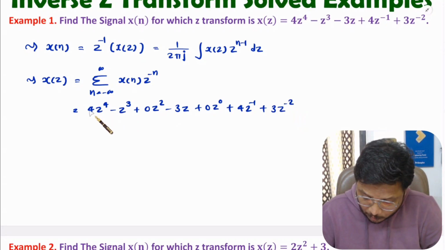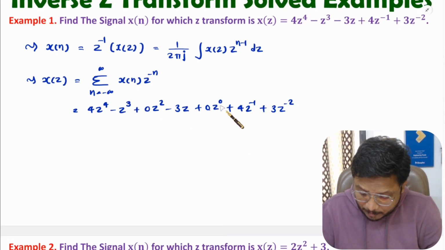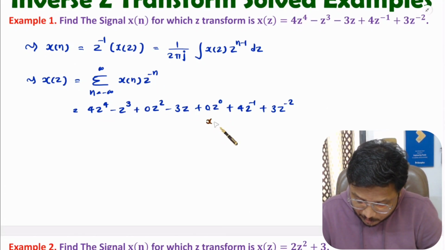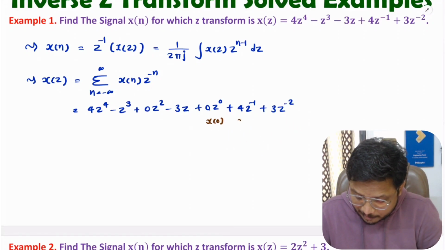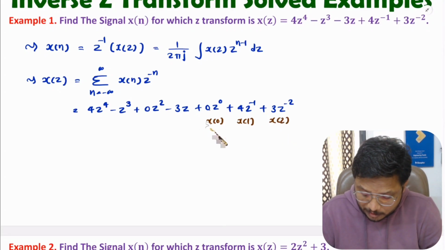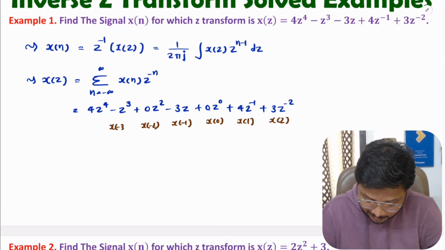Now, if you carefully observe this polynomial as per this algebraic sum, then at z to the power 0, the coefficient is x of 0. If you go in this direction, then you will have x of 1, x of 2. And if you go in this direction, then here we will have x of minus 1, x of minus 2, x of minus 3, and x of minus 4.